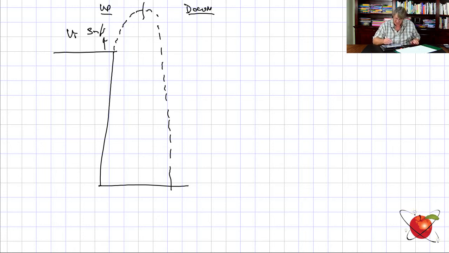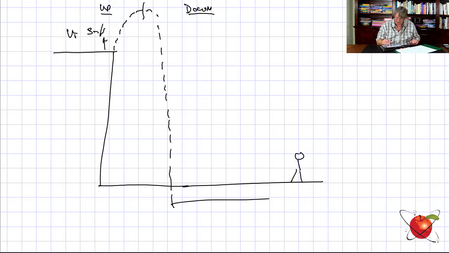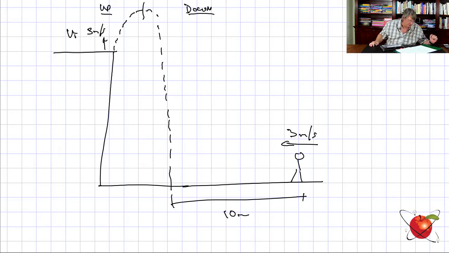So what they're saying is the ball is going to come this way. There's a person standing over here, 10 meters away, and they're running at 3 meters per second, obviously in the direction of the ball, right? And they want to know, will they be able to catch it?